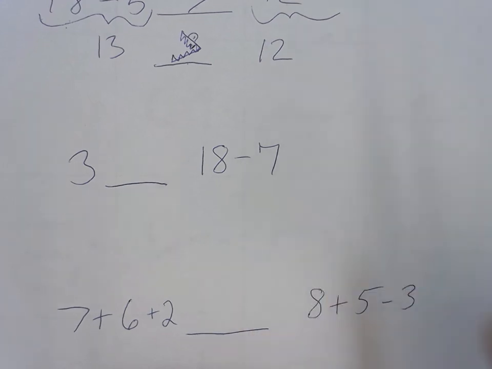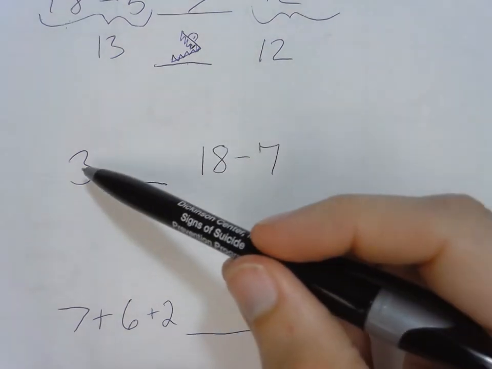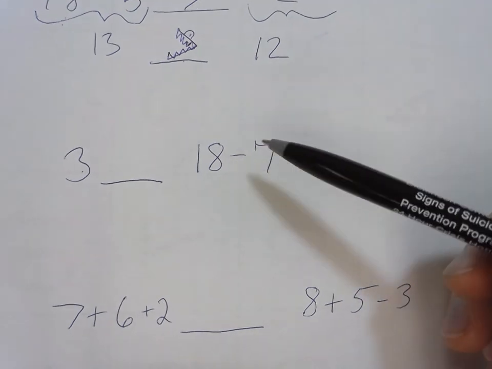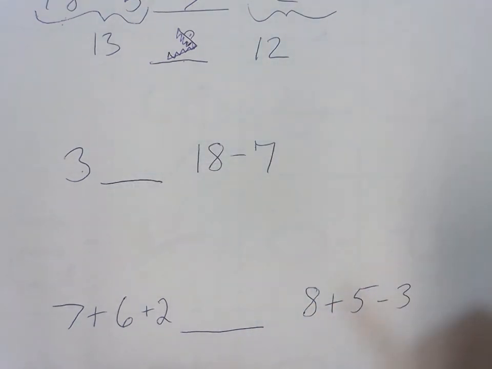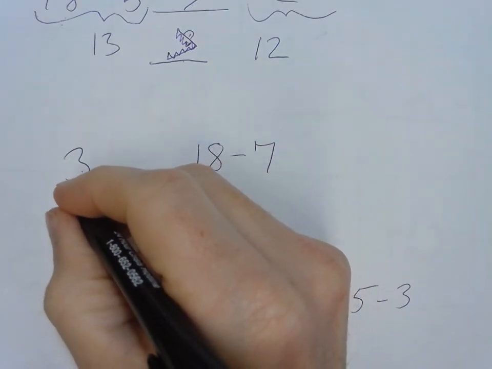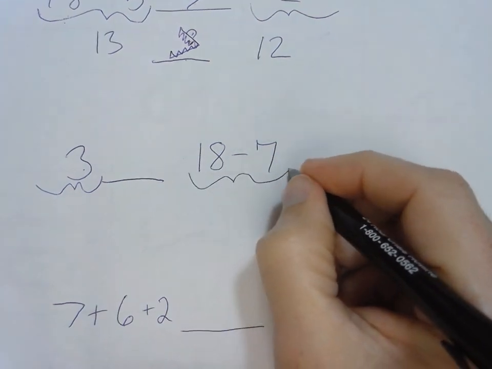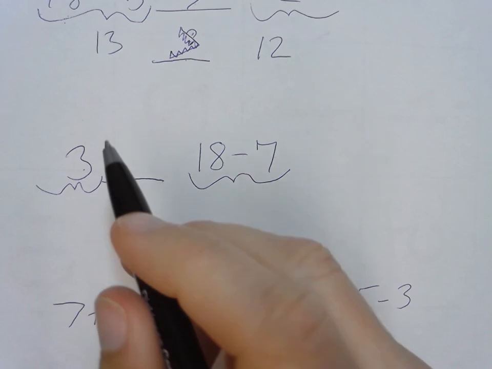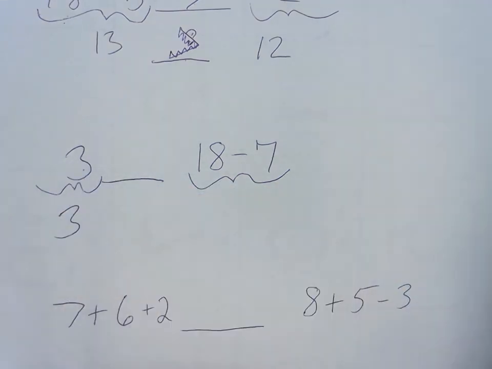And once again, we look through the problem and we see that this is not an alligator, that's not an alligator, that's not an alligator, and that's not an alligator. So our missing spot has to be the alligator because all problems have an alligator in them. And the problem gets split apart right at the alligator because that's what alligators do. They split the problem apart. This side over here equals 3.